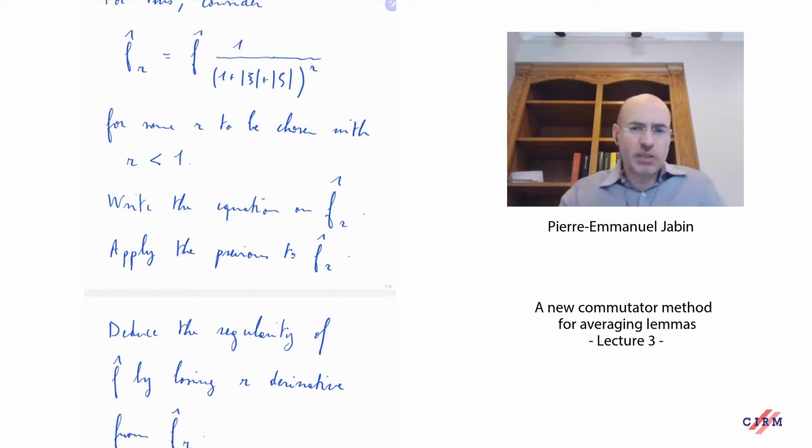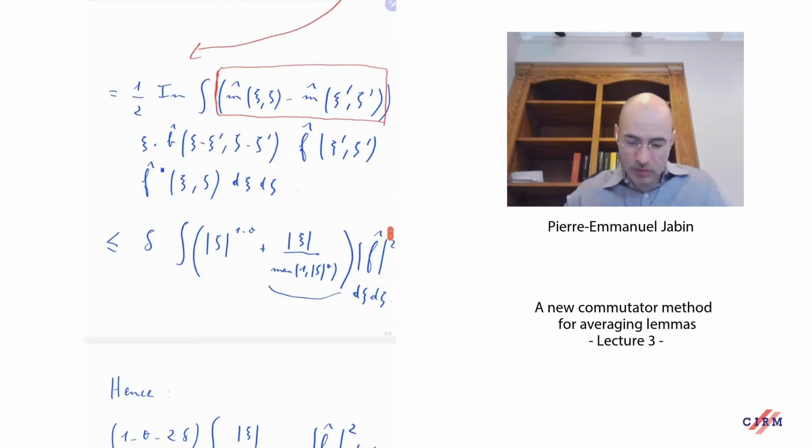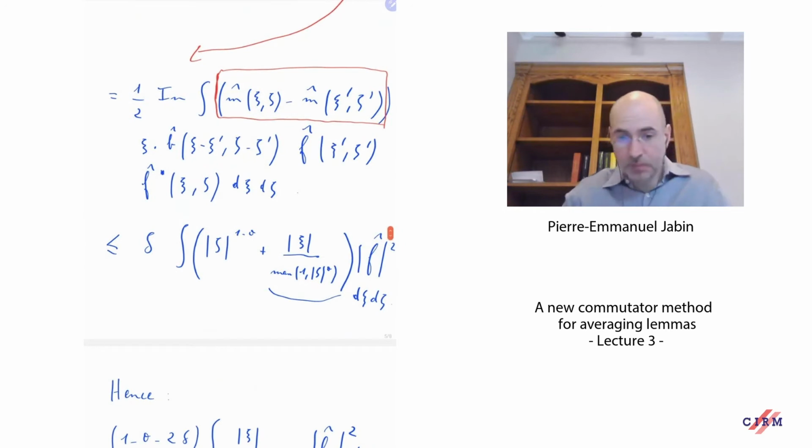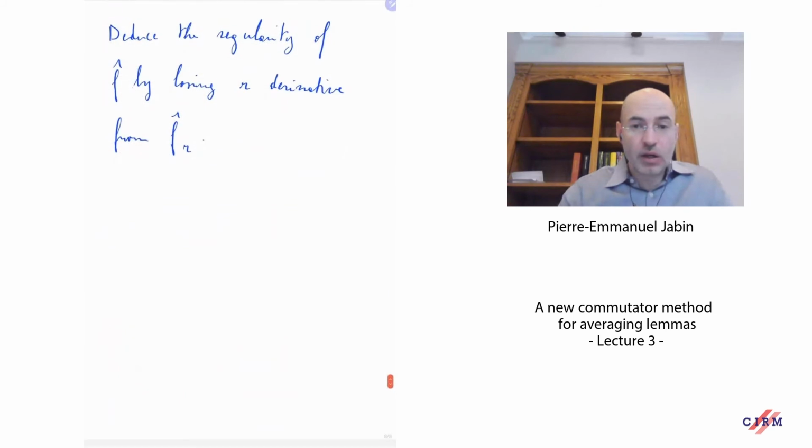You have to estimate that commutator term, and that works in a manner that is relatively similar to the kind of estimate that I have derived here on B. And then you have to put everything together and optimize in R and in theta. And this is it.